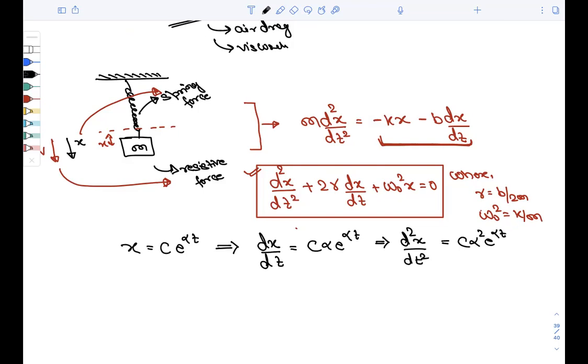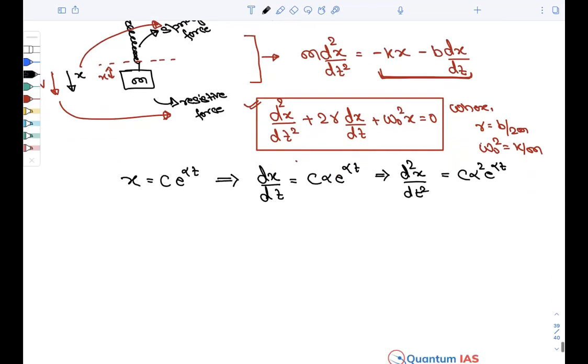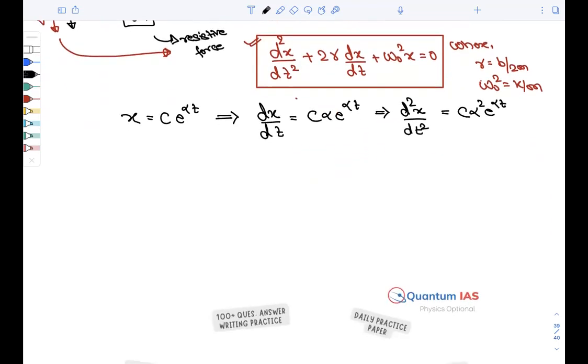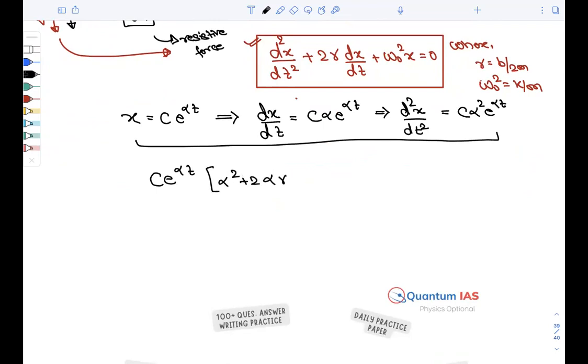When you are practicing questions, I hope you know these basic derivations. If you put these values in the above equation, you get c e to the power alpha t common, and then alpha square plus 2 alpha gamma plus omega naught square is equal to 0.